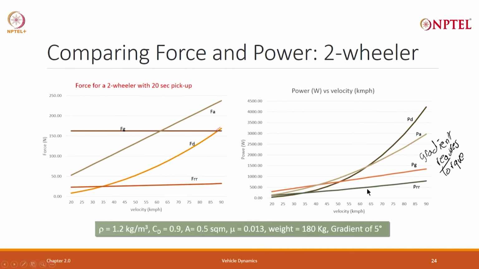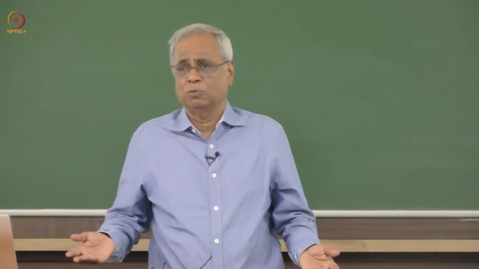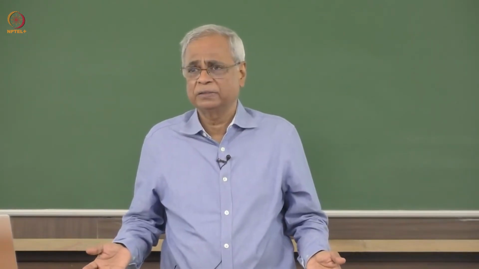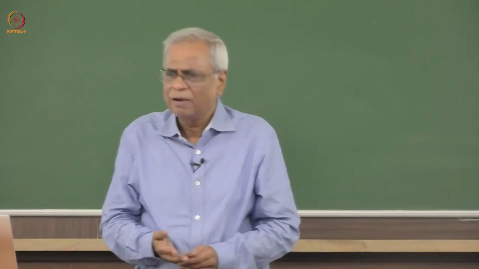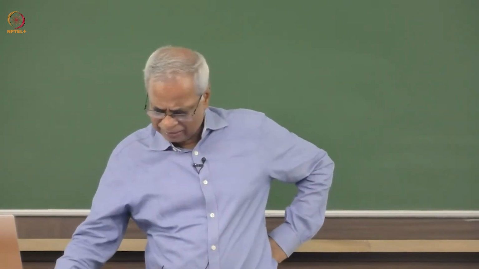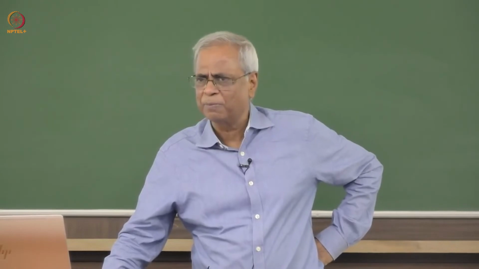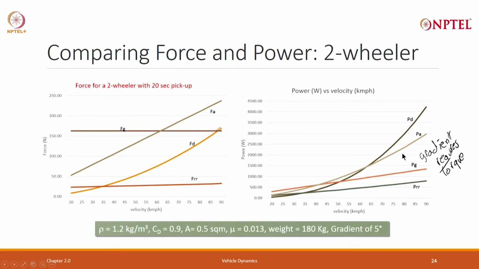At 60 kilometer, we are assuming you are traveling at 20 kilometer. That is the reason it does not go up very steeply, otherwise it would have gone up more steeply, but you are not expected to travel at high speed on a gradient. You are supposed to slow down on gradient, and that is the reason, while it is a problematic thing, it is not as problematic. Look at the other two, look at the acceleration.